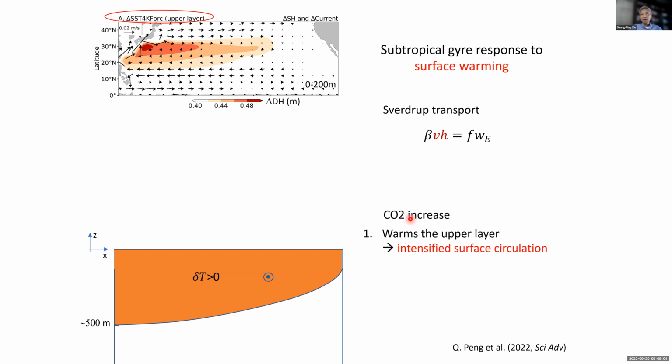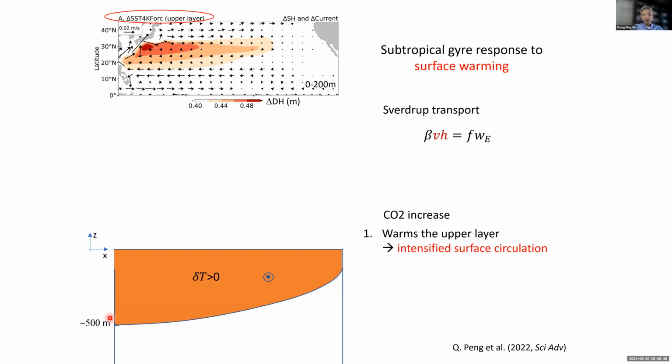So when you add CO2 in the atmosphere, it's going to warm up the ocean like this. And then the surface warming is going to be confined above a certain isopycnal, right? The thermocline, the ventilated thermocline, or maybe even unventilated.